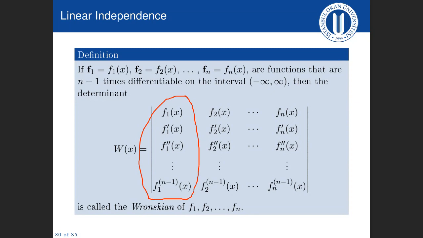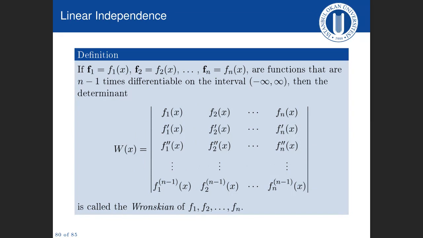Because this is an n by n matrix, so start with 0 derivatives at the top and finish with n minus 1 derivatives. And then the second column, we do the same thing, but for f2. Third column, same thing, but for f3, and so on. The determinant of this matrix is called the Wronskian of the functions f1 up to fn.